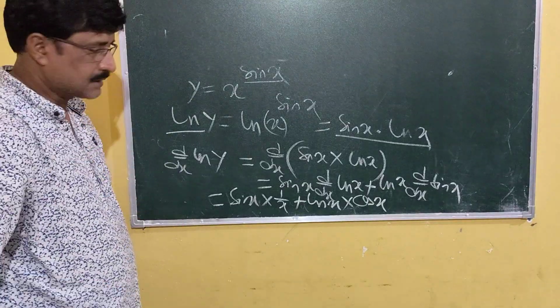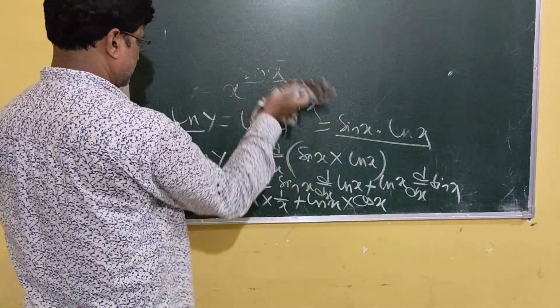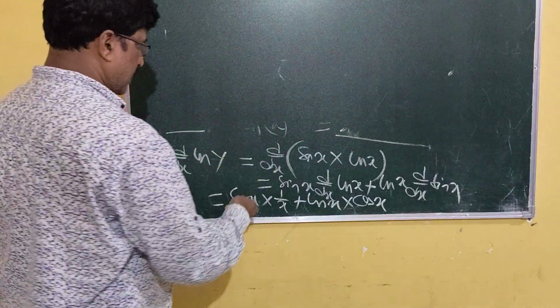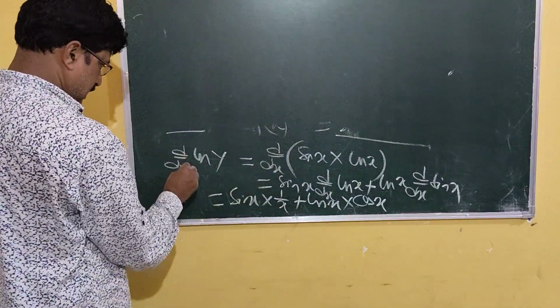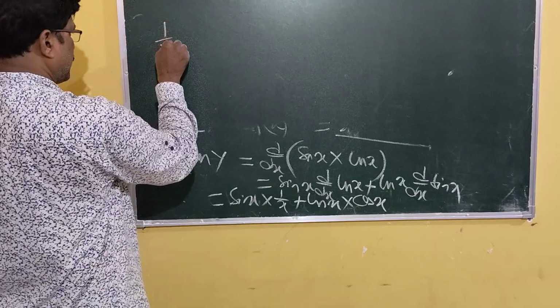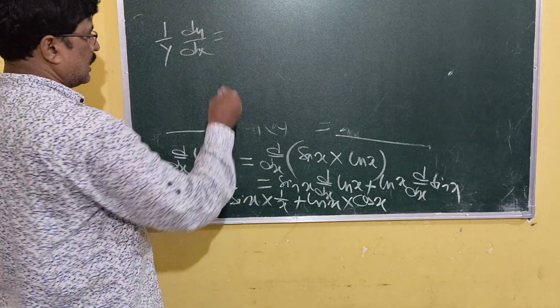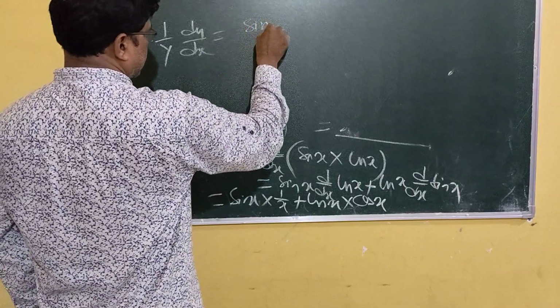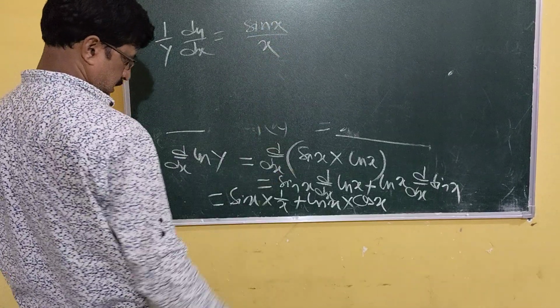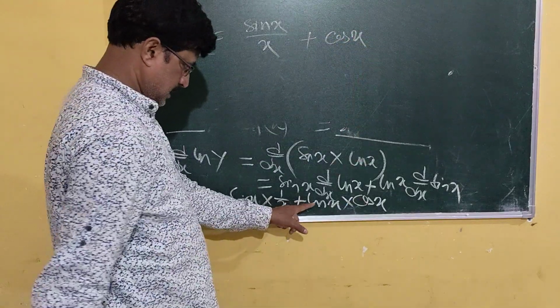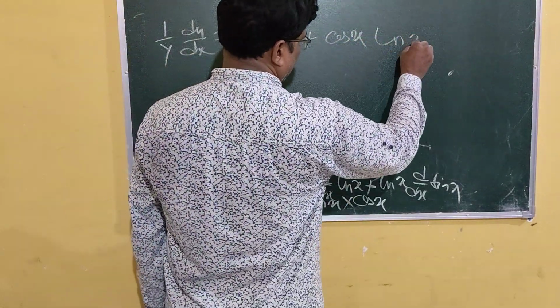Here on LHS, the derivative of ln y is equal to 1 by y dy by dx, which is equal to sin x by x plus cos x into ln x.